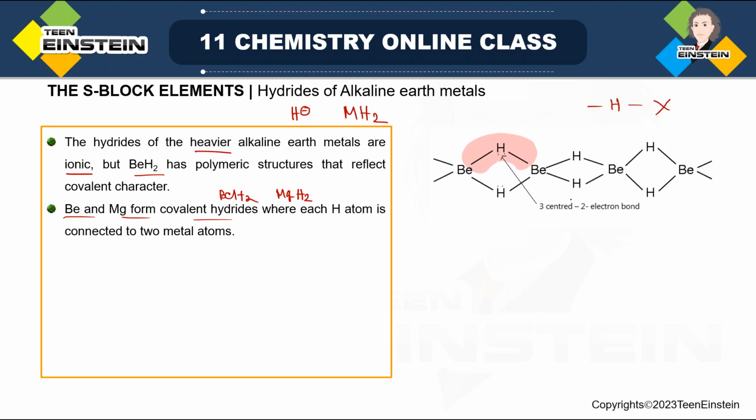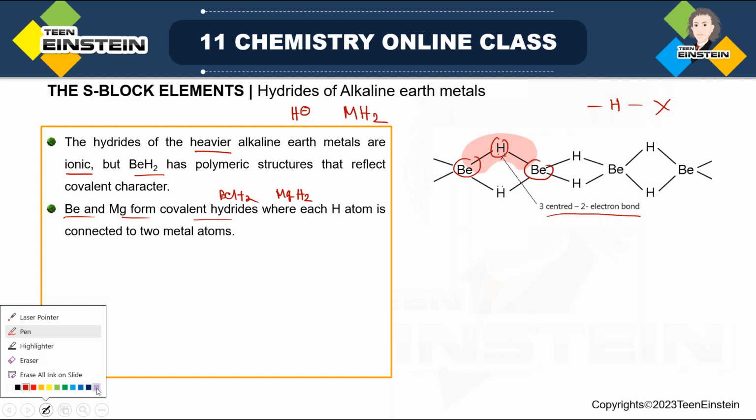But here what is happening, we call it a 3 center 2 electron bond. In this bond, the pink highlighted area, the total number of centers is obviously 3, that is why it is 3 center. And the total number of electrons is 2. So don't write it as if there are 2 electrons here and 2 electrons here. No, it is completely wrong.